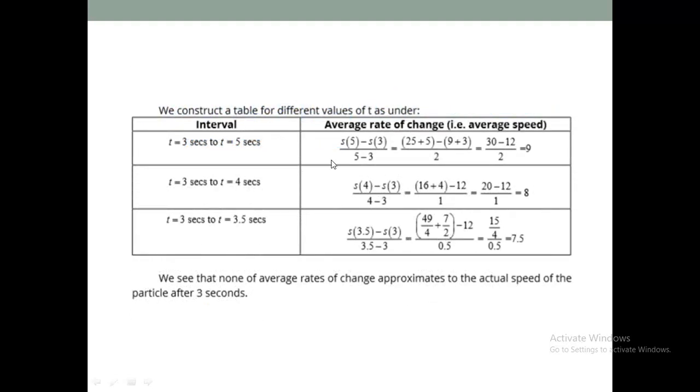It gives us the value when we put 5 and when we put 3. 5 square plus 5 minus 3 square plus 3, divided by their difference, 5 minus 3, gives 9. Now we put 3 and 4 and it gives the average speed 8, and we put 3 and 3.5, it gives 7.5. We see that none of these average rates of change approximate the actual speed of the particle after 3 seconds.